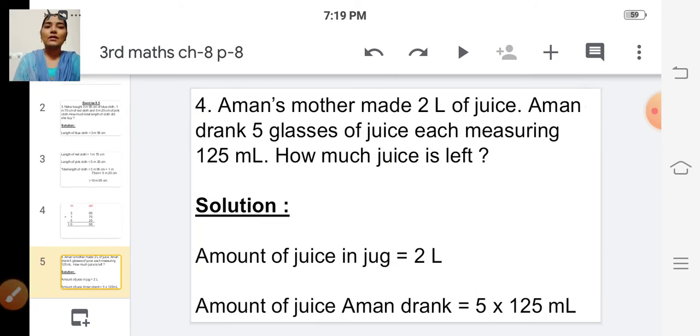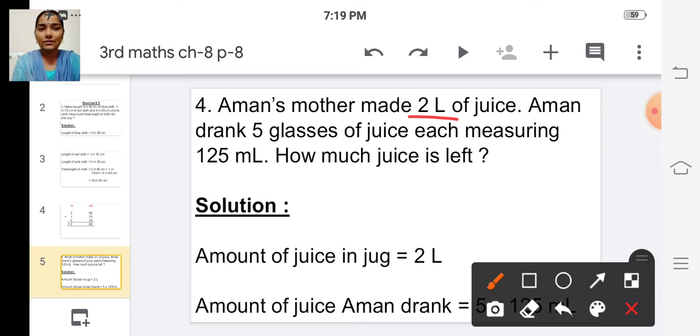And the fourth question is, Aman's mother made 2 liters of juice. So what is the total amount of juice? It is 2 liters. And Aman drank 5 glasses of juice, each measuring 125 ml.